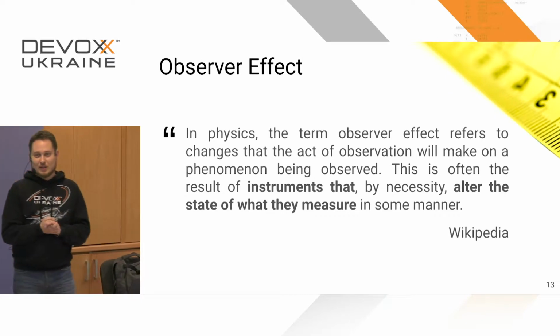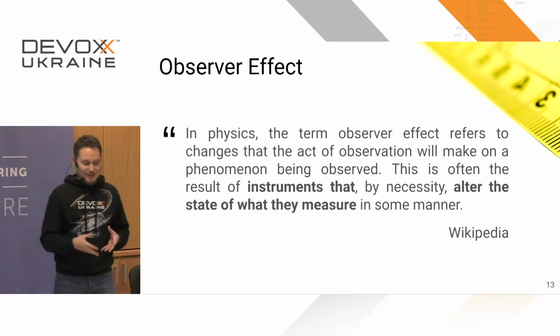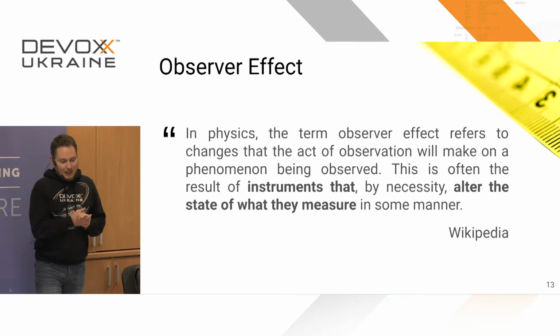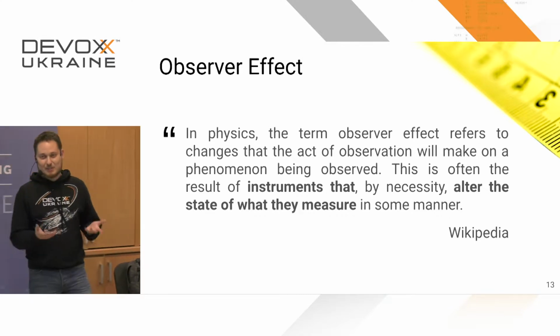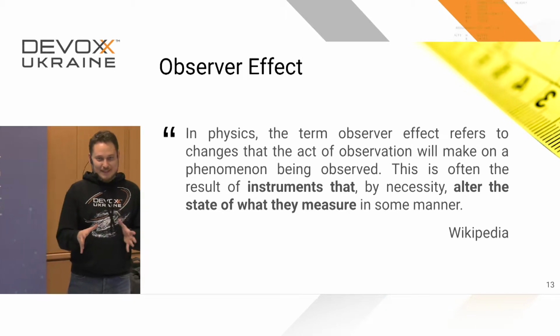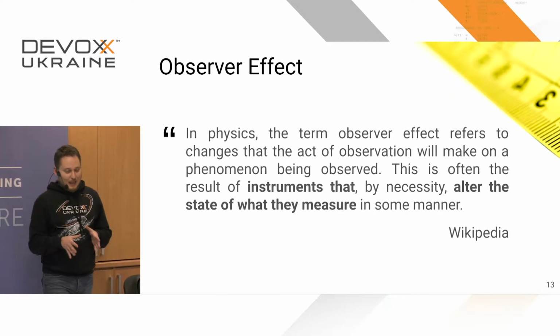That's it. No matter what you do, any process of measurement is going to alter the state of the measured object. And when we talk about code coverage on the JVM, it's a measurement. So we anyway alter the state of what we measure. So we alter the state of your program.